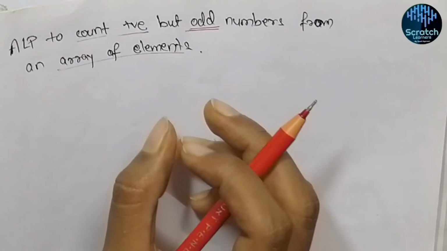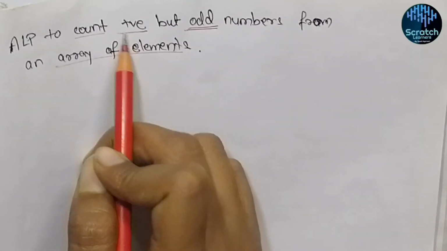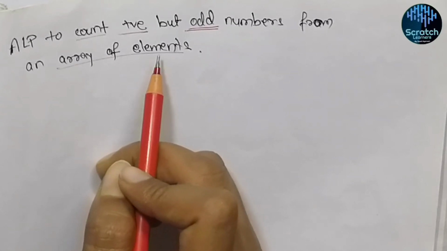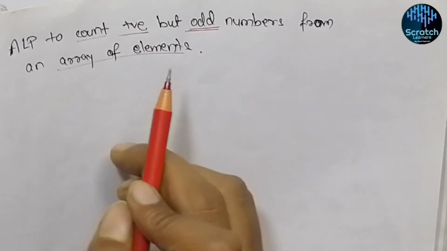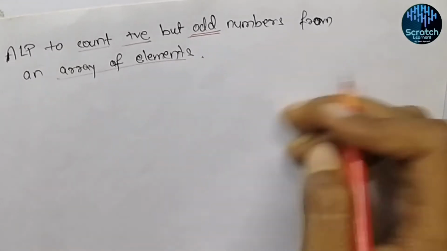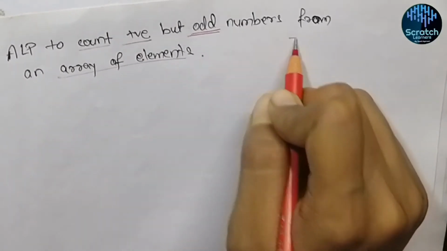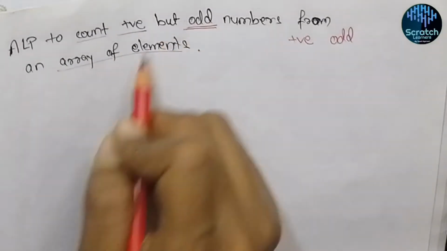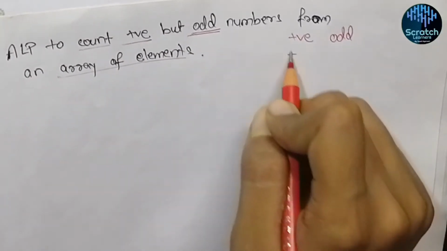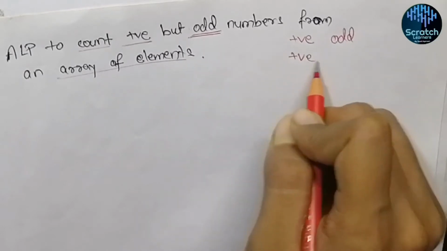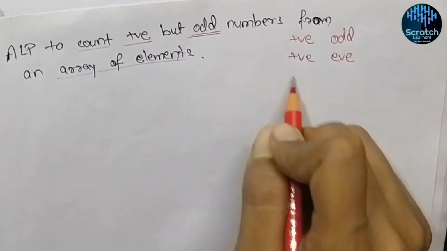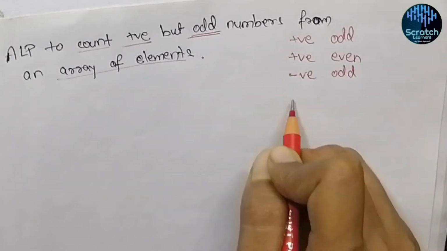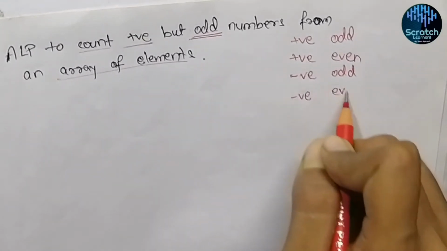The most interesting thing is that if you understand this program clearly, then you will be able to solve three different variations of the same program. Here you are asked to find positive and odd numbers. If you understand this program well, then you can also find all the elements which are positive but even, negative but odd, and negative but even.